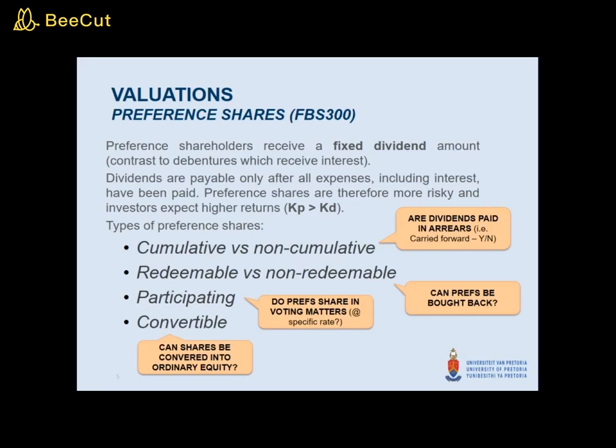Now, we recall what all these things mean from FBS 300, and these factors all play a part in determining the value of a particular instrument. And it plays a role in determining how we go about that particular valuation of that particular concept.